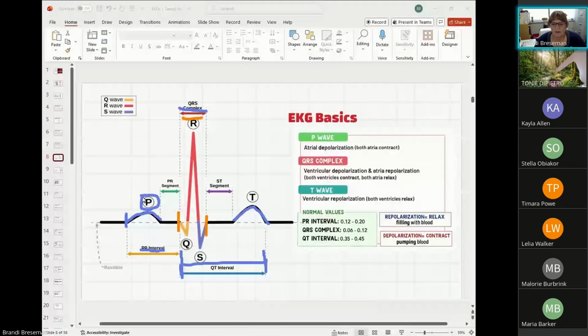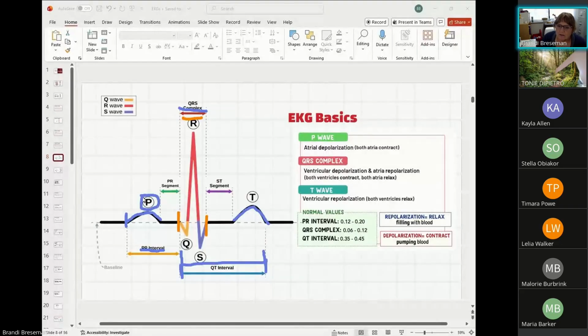And so this QT interval is the measurement between when the ventricles start to contract and when they are at the end of relaxation and are ready to be depolarized again and have another contraction.